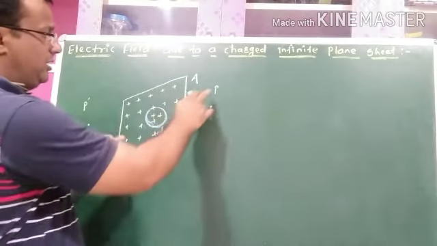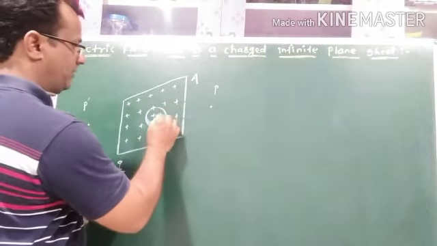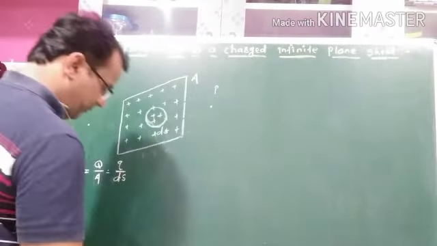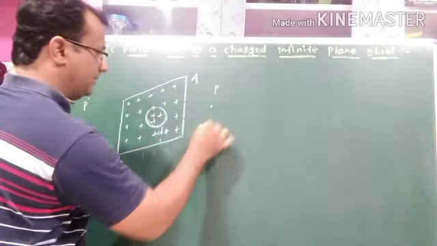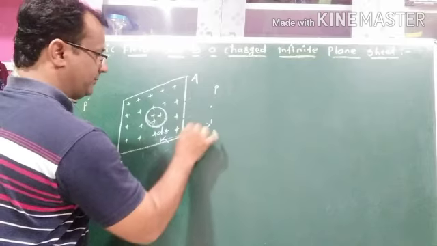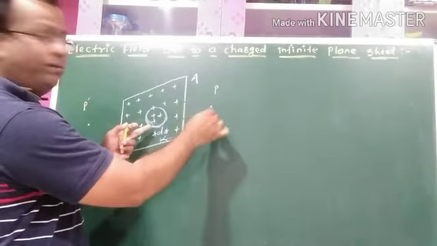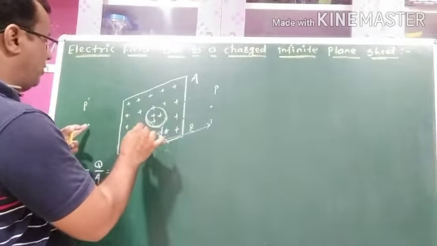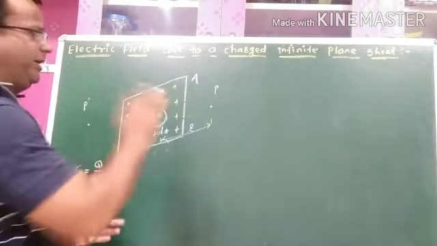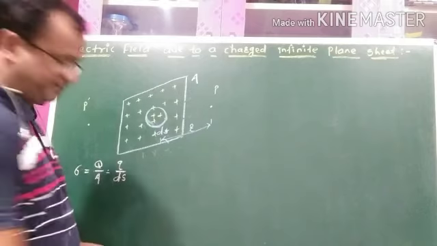The distance of point P from this sheet or from this small area, suppose that distance is small r. If the distance of point P is r, then the distance of P dash is also r. It means that P and P dash are at the same distance.